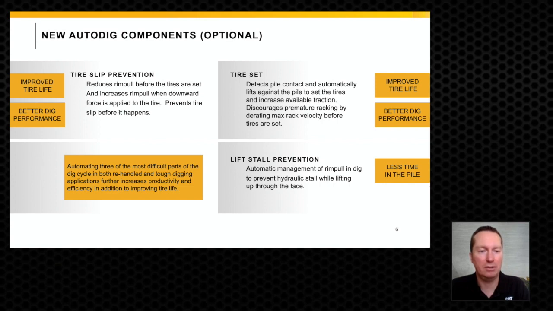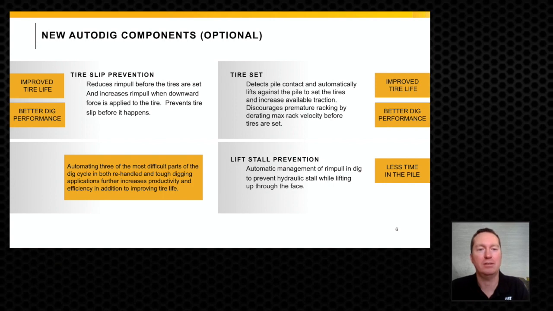So with our operator assist features, there's three elements. The top two that you can see on the slide both relate to managing tire slip but also optimizing the rim pull into the pile. Starting with the tire slip prevention, what this does is it actually reduces the rim pull before the tires are set, and then increases the rim pull when downward force is applied to the tire.